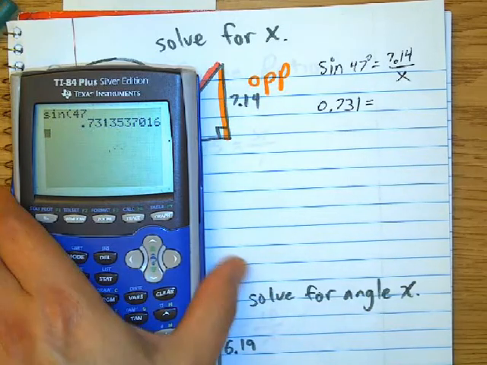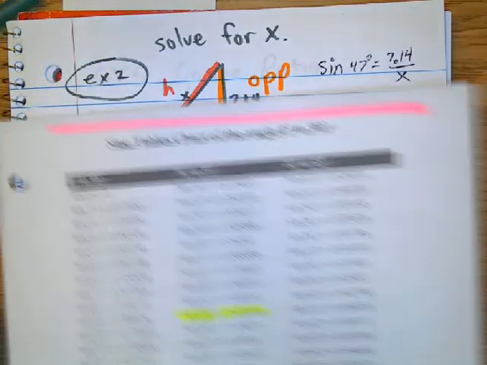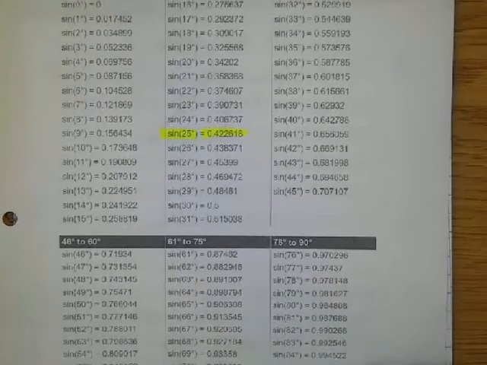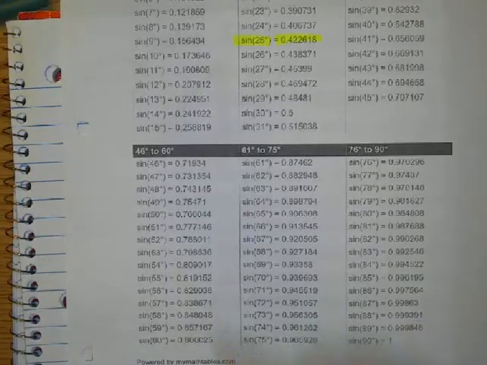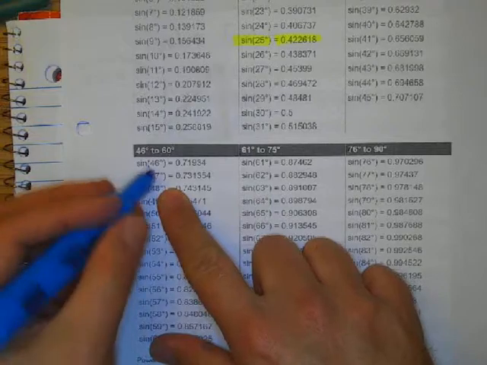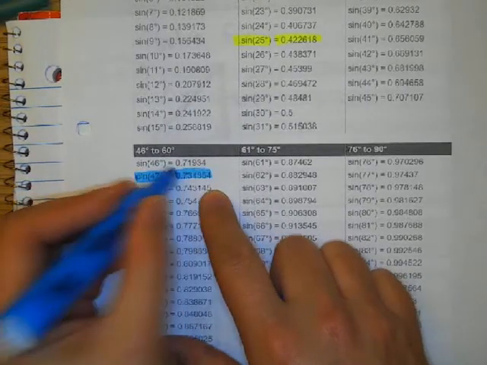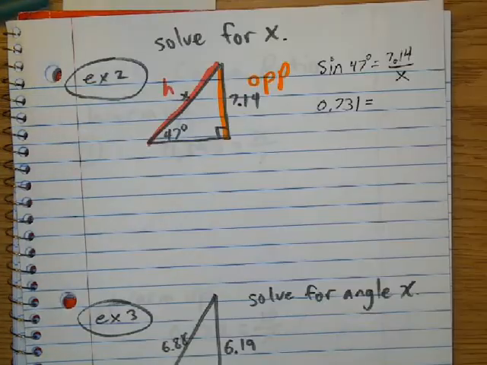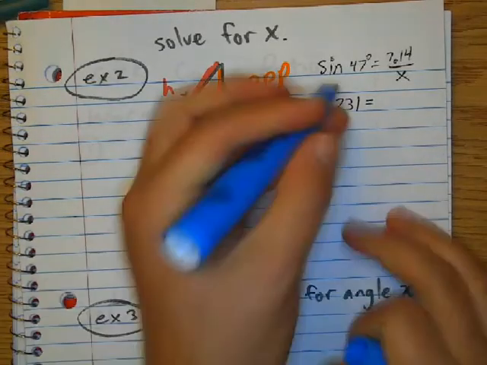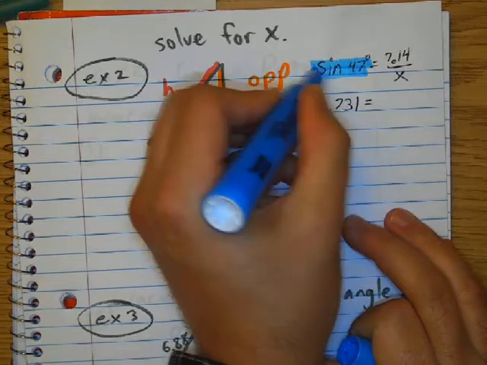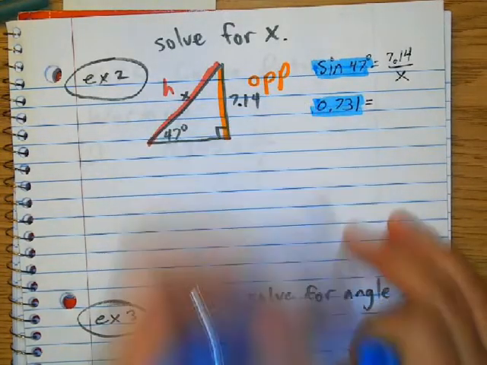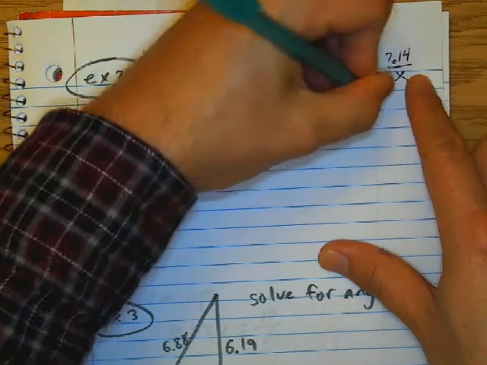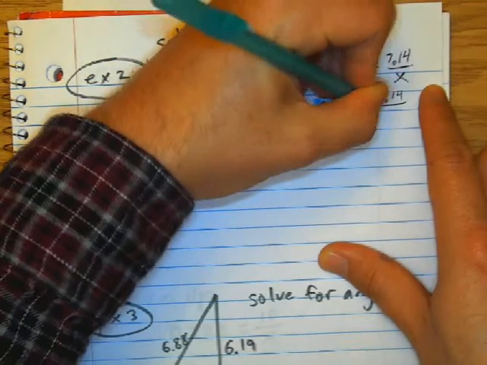And let's see if that works the same here. Sine of 47, same thing, 0.731. Okay. So I've replaced sine of 47 with 0.731, and now I've got this equal to 7.14 over x.